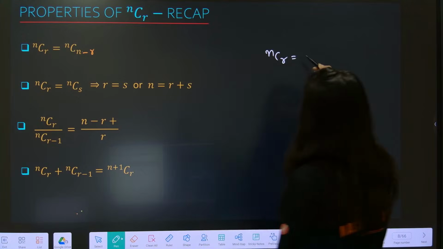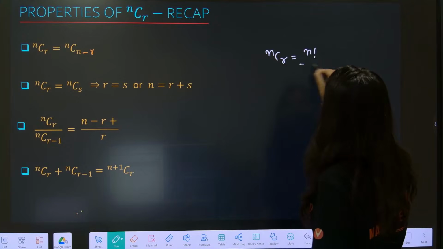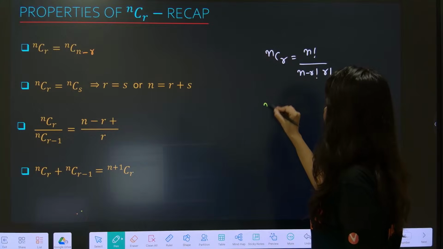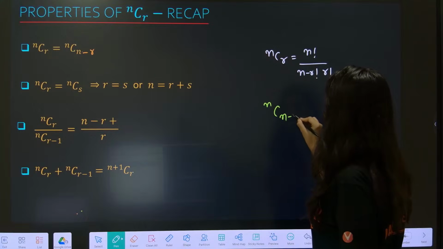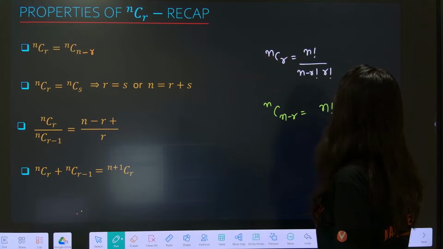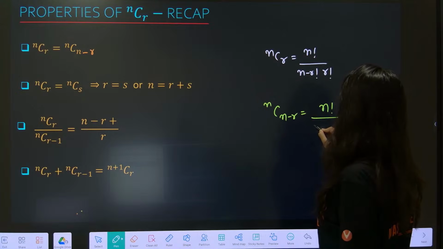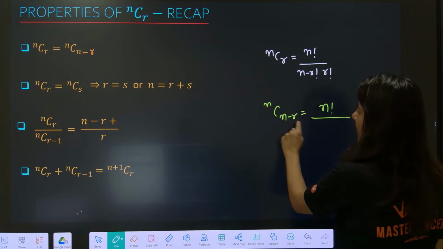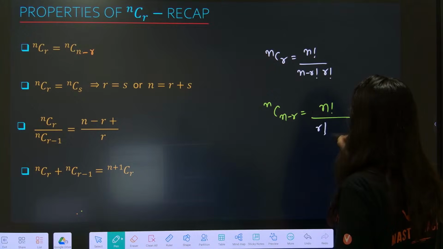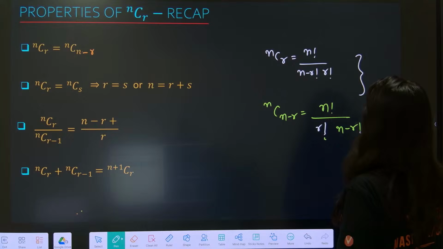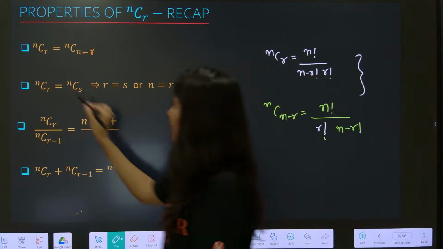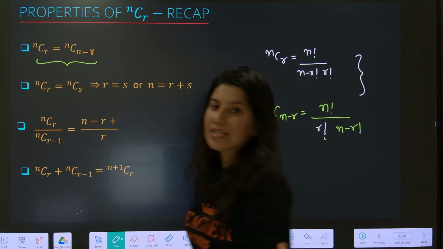NCR is N factorial upon N minus R factorial and R factorial. Now, NC N minus R is N factorial upon N minus N minus R factorial, which is R factorial, and N minus R factorial. Can you see both are the same? Both are equal. So NCR and NC N minus R are equal.